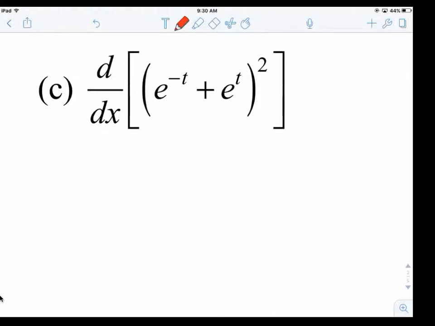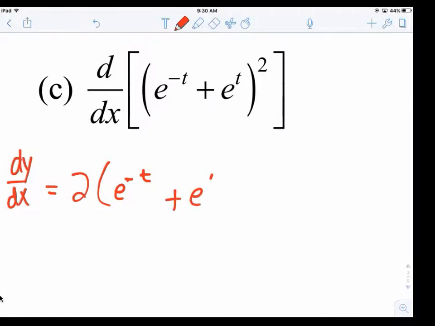All right, letter C. You got to use what rule? Chain rule, right? So got to bring down the exponent first, right? So I have 2 times e to the negative t plus e to the t.